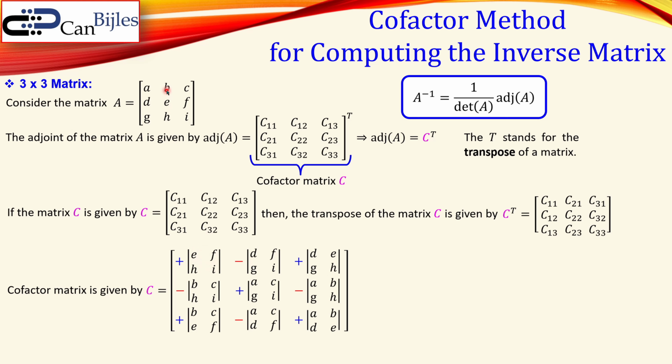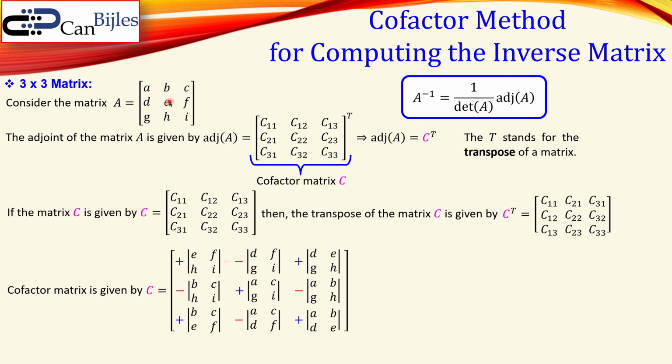Now we go to the second entry, B. You cross over this row and the column where it is. That means this T is actually gone. D, G, F, I. You see that also here. But it should be, of course, multiplied by -1. Then for C, we cross over this row, because that's in that row, and also in this column.